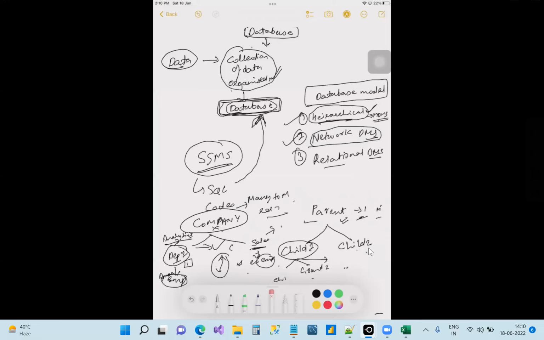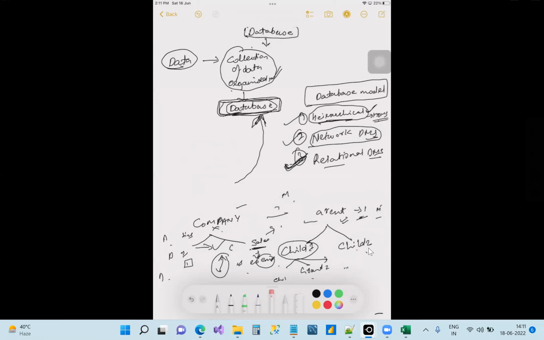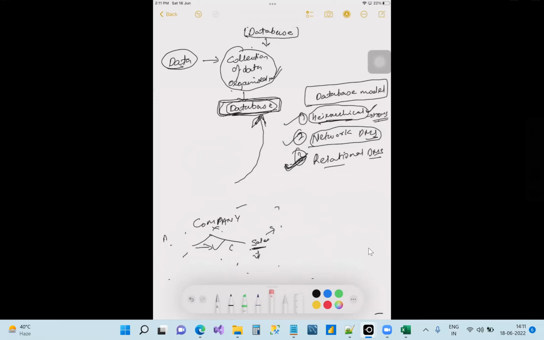This was also being used, but now we'll be working on the relational database management system. This is where we work now. I'll tell you the advantage of this. No doubts till now? Okay, let's come to relational database.